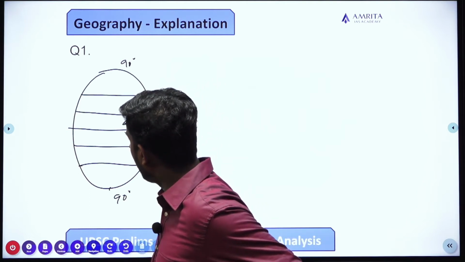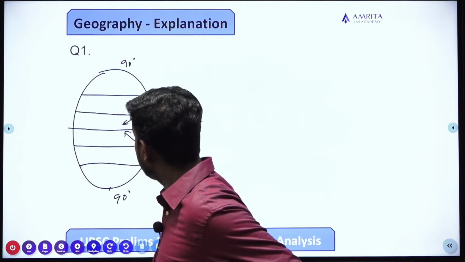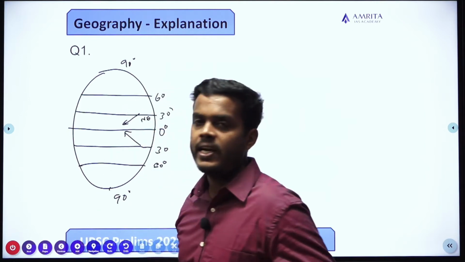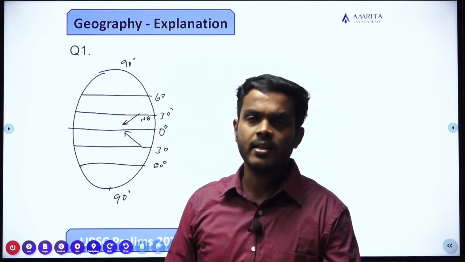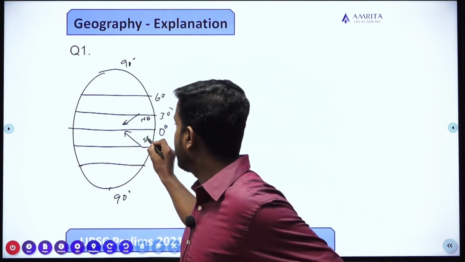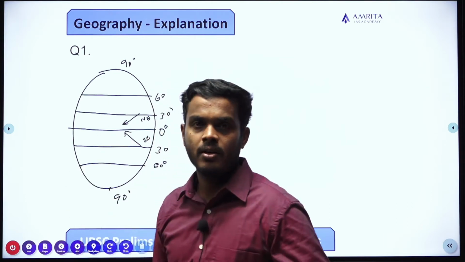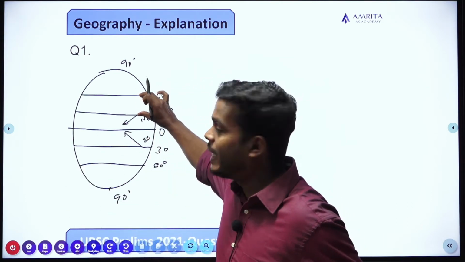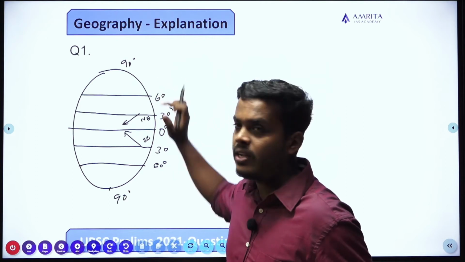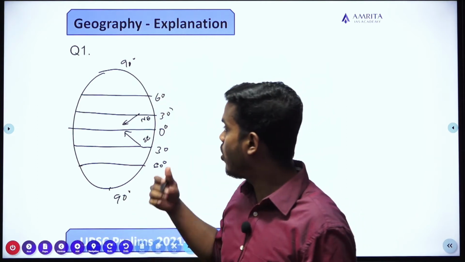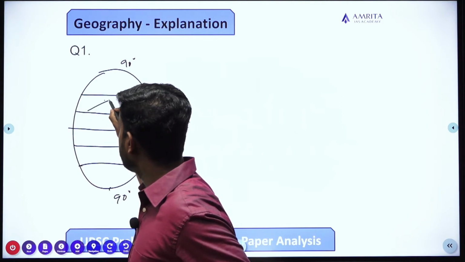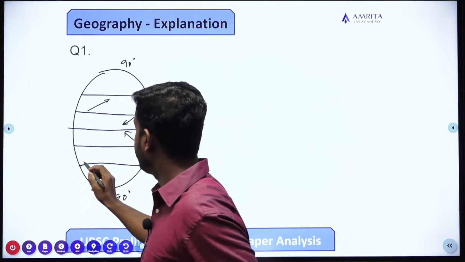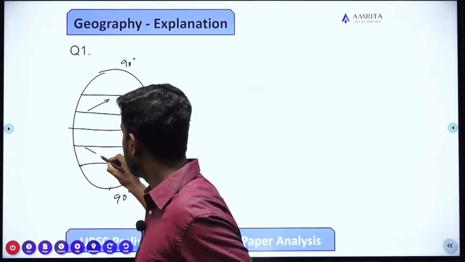We have the northeast trade wind in the northern hemisphere and the southeast trade wind in the southern hemisphere. And we have westerlies in the middle latitude, between 30 degree and 60 degree. In the northern hemisphere, westerlies move in this particular direction, and in the southern hemisphere, westerlies move in this particular direction.